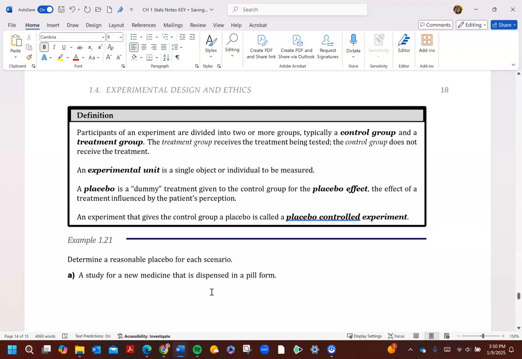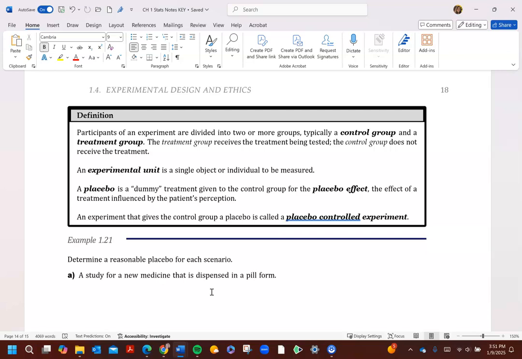So if we have a study going on, we're going to have 2 or more groups. There's a control group and a treatment group. The treatment group gets the treatment and the control group does not, but they might get a placebo. Usually that's a really good idea.